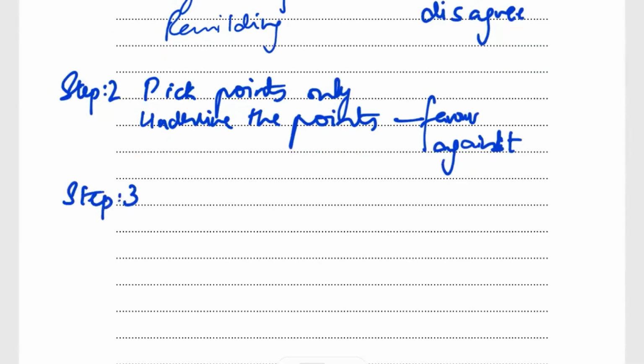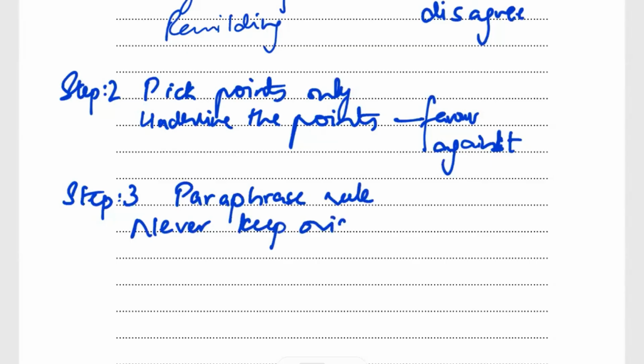Step three is a very easy step, and that is the paraphrase rule. Follow this paraphrase rule and you can easily do it. What do I mean by paraphrase rule? Never keep original wording. Always paraphrase.